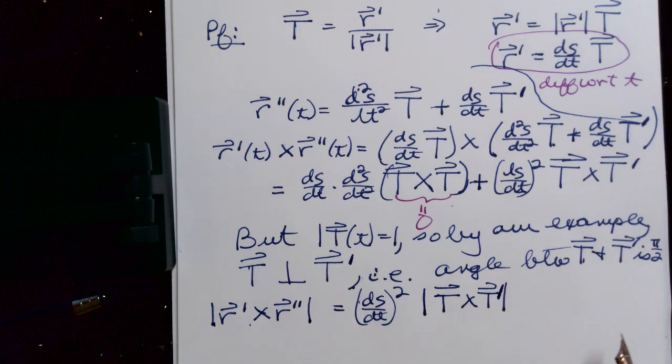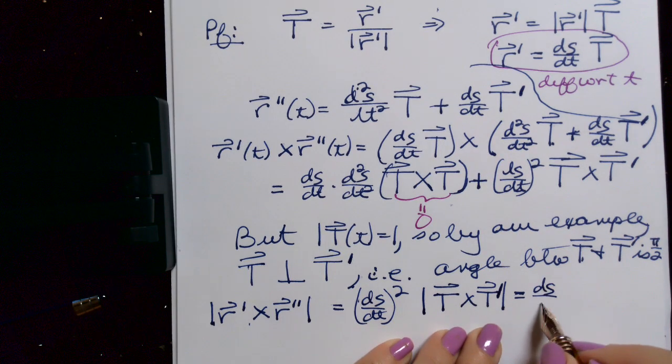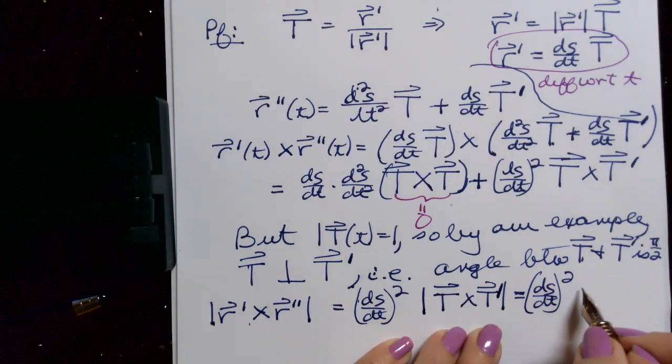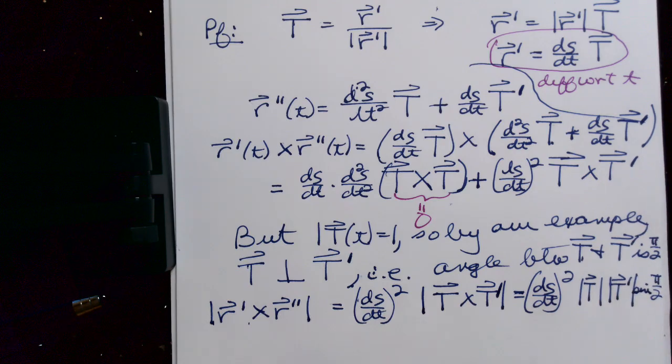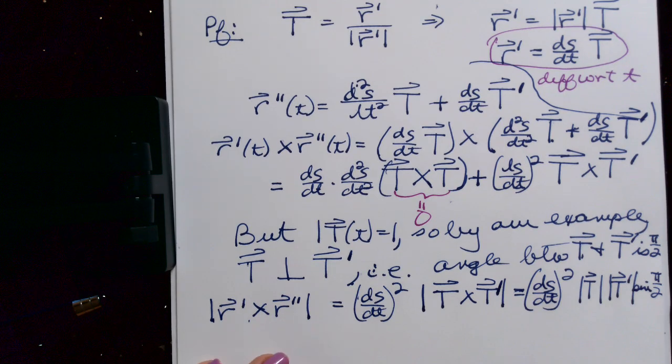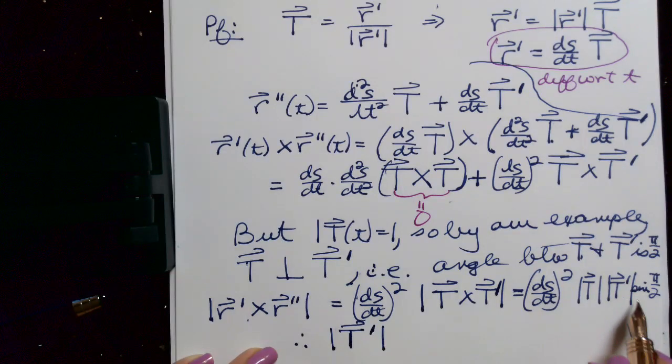But what is the formula for the length of the cross product of two vectors? By what we learned in an earlier section, it's the length of one times the length of the other times the sine of the angle between the two. But the sine of pi over 2 is 1.